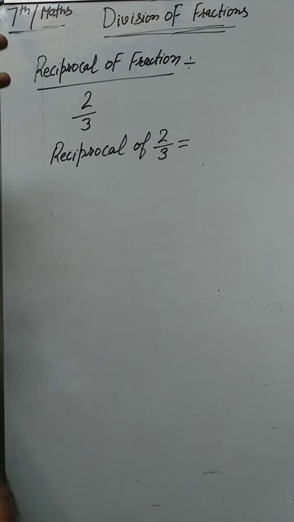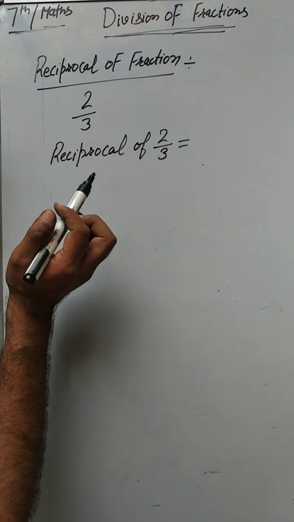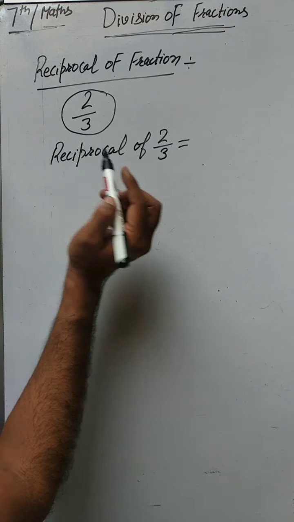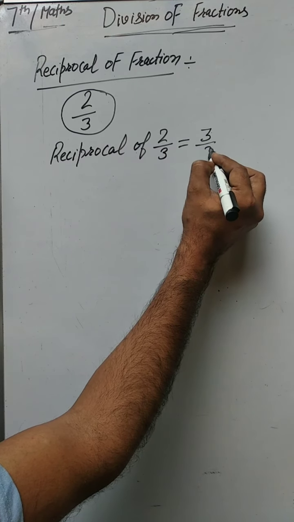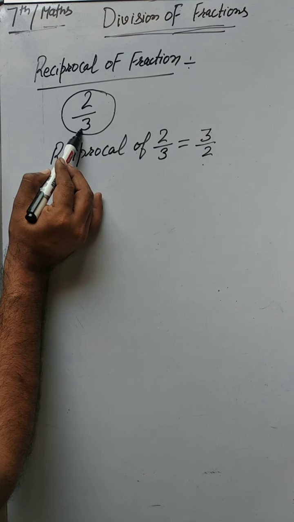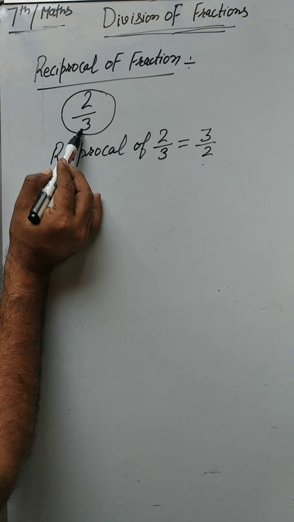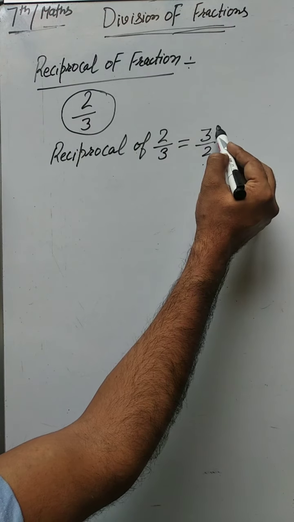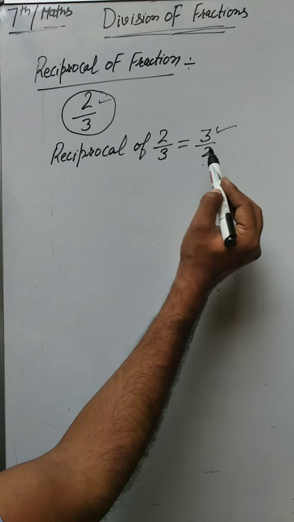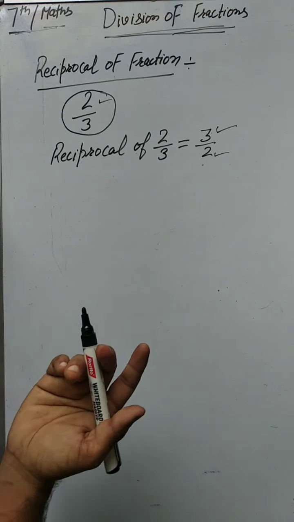Means you have to invert the fraction. Now look here, the reciprocal of 2 upon 3 will be 3 upon 2. The denominator of the fraction will become the numerator in the reciprocal and the numerator will become the denominator in the reciprocal.